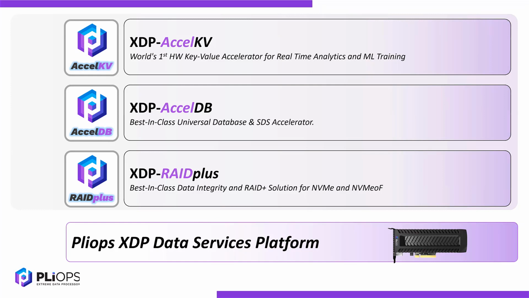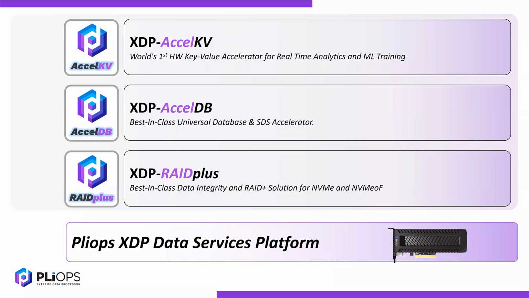So that means data services on top of our XDP data processor, and that starts with XDP RAID Plus, which is the best-in-class data integrity and RAID Plus solution for NVMe and NVMe over Fabric. ExcelDB, which is the best-in-class universal database and SDS accelerator. These are specifically around OLTP acceleration, database loading acceleration, database backup acceleration, and database analytics acceleration.